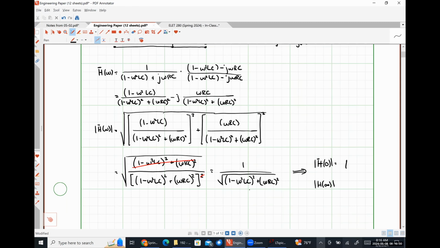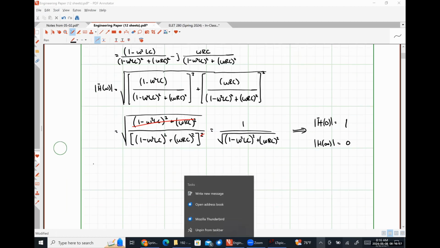Square that would be positive infinity to the 4th power, whatever that means. And then I'm taking the square root of that thing. So it's going to be 1 over infinity squared, which looks like approximately 0. So we pass low frequency signals, we attenuate high frequency signals, exactly like what we would expect of a low pass filter.